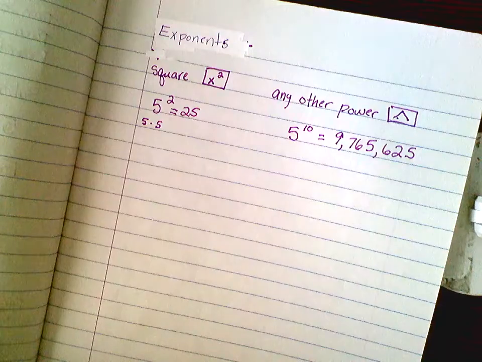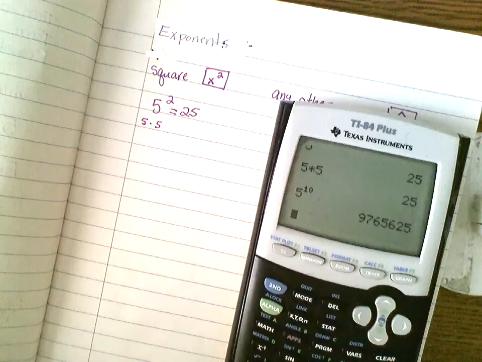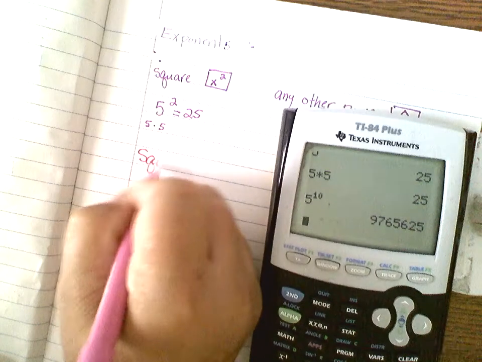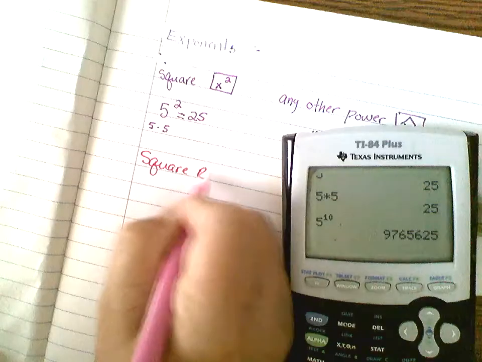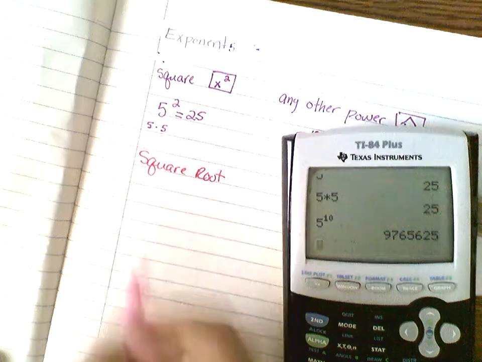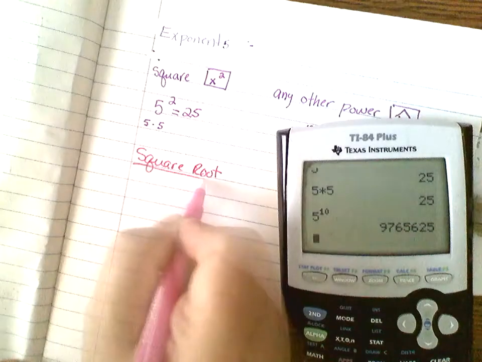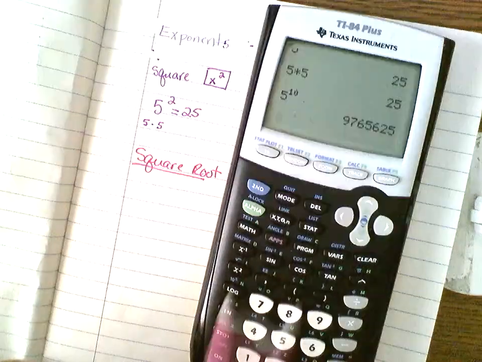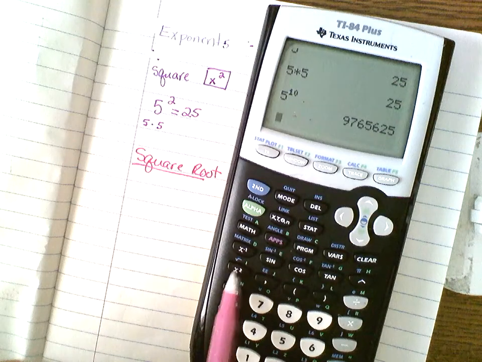Now, the other part of the exponent would be to take the square root. Okay, so to take the square root, which is again the opposite of squaring something, if you look at your calculator at the x squared button, what do you see above it?